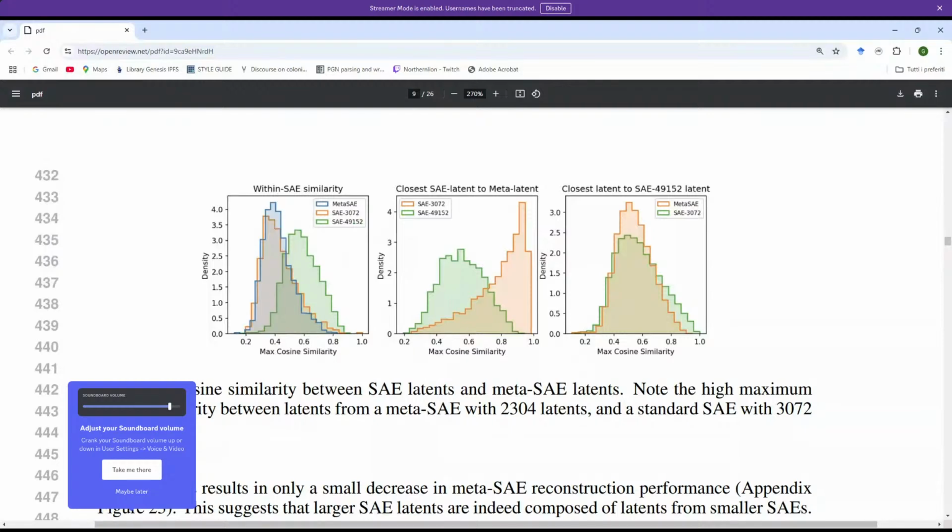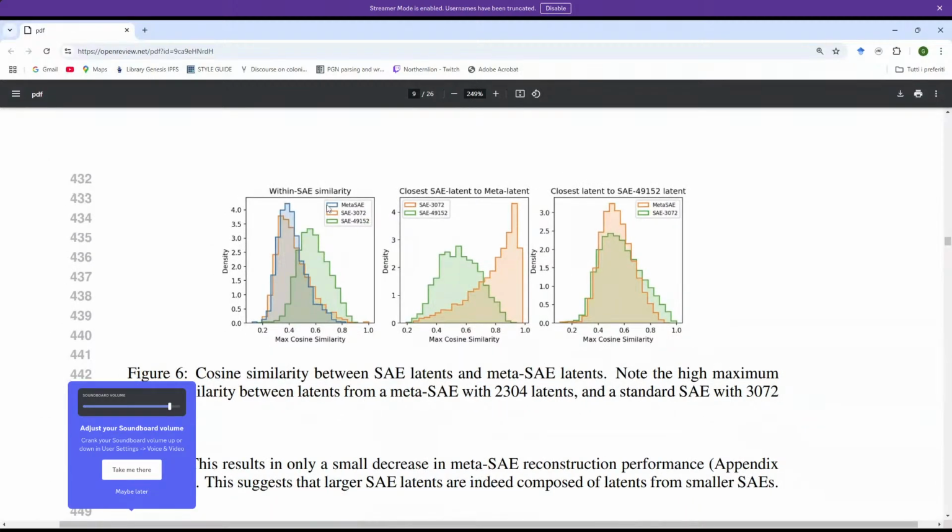So they basically find that this meta SAE is much more similar to this smaller SAE than to the SAE that it was trained on, which I think is interesting.